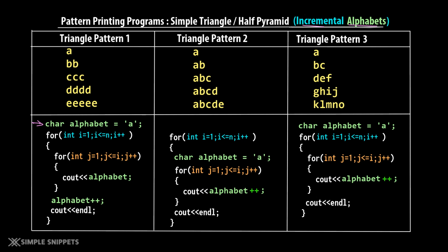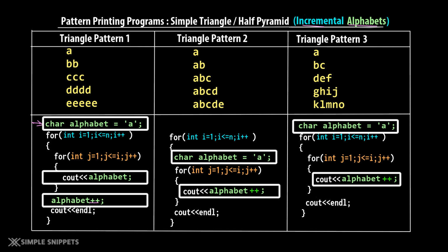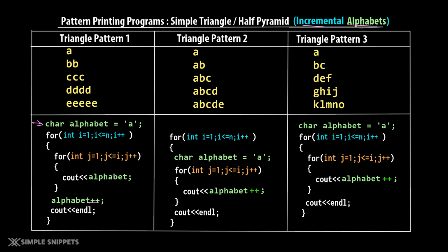In all three examples it is created at different places and the incrementation also happens at different places. Depending upon where exactly it is created and incremented, the pattern is generated. That is what we are going to dry run for all the patterns.